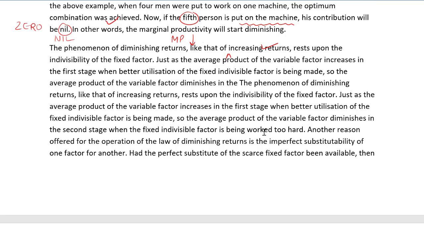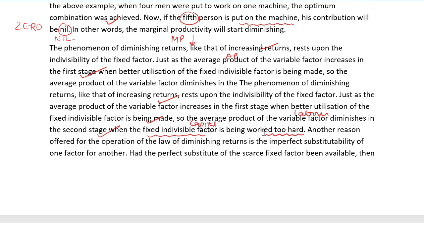Just as the average product of the variable factor increases in the first stage when better utilization of the fixed indivisible factor is being made, so the average product of the variable factor, that is labor, diminishes in the second stage, when the fixed indivisible factor, that is capital, or you can say machinery, is being worked too hard.